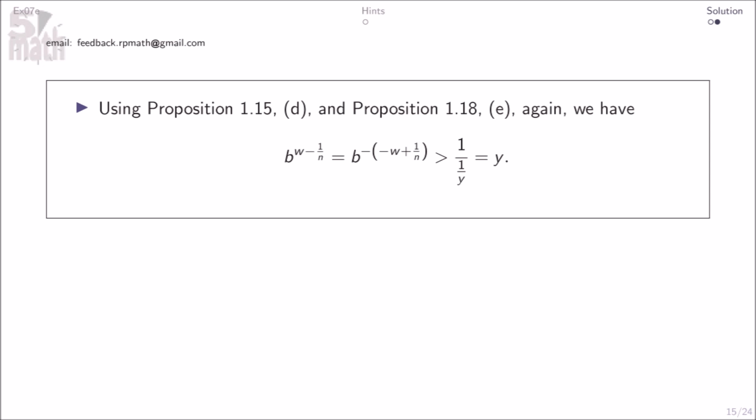Using proposition 1.15d and proposition 1.18e again, we have b^(w−1/n) = b^(−w+1/n) inverse > 1/(1/y), which equals y.